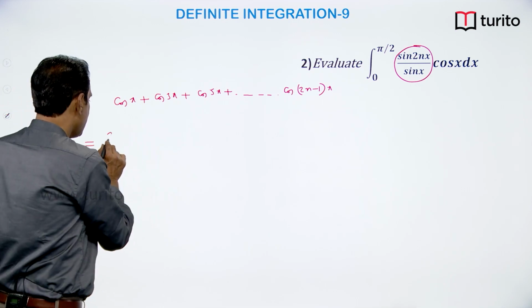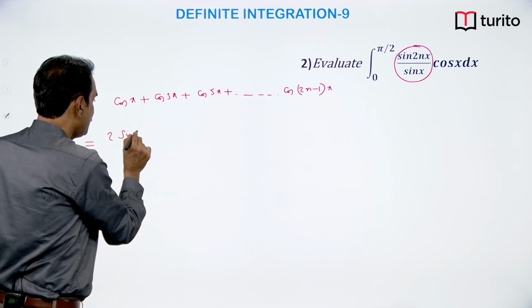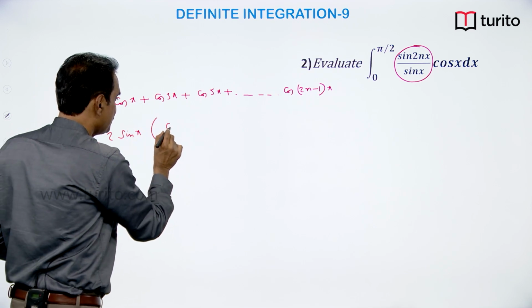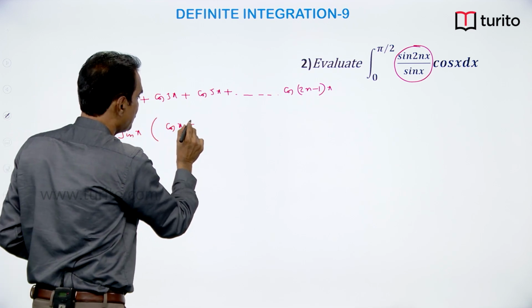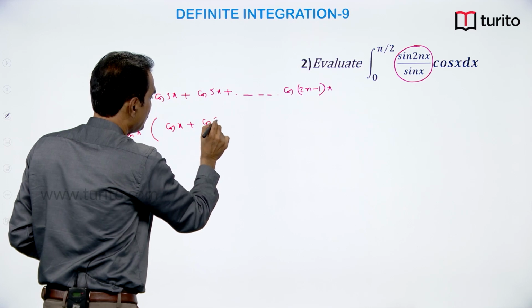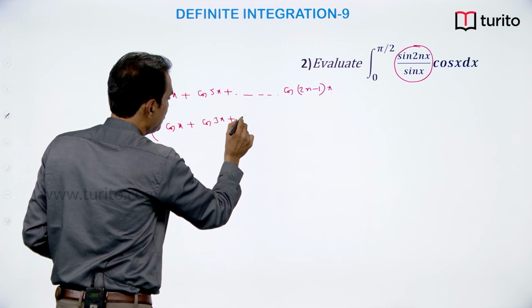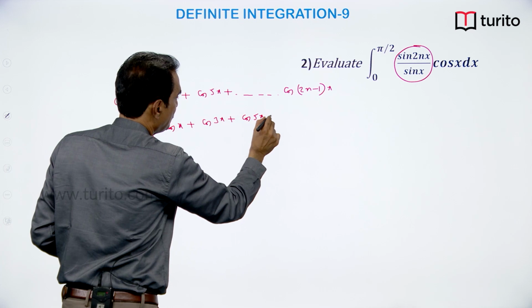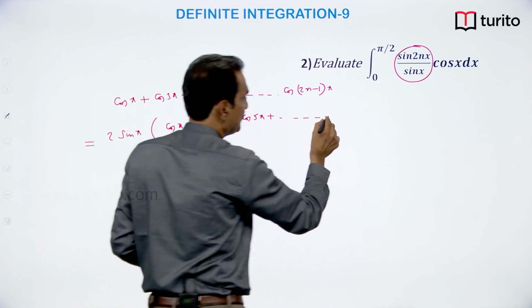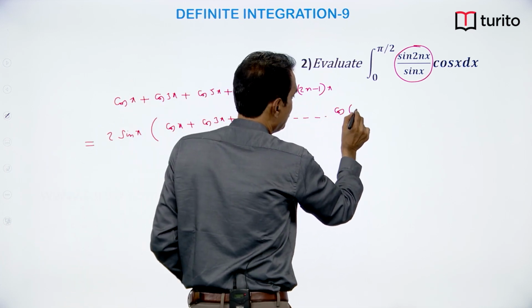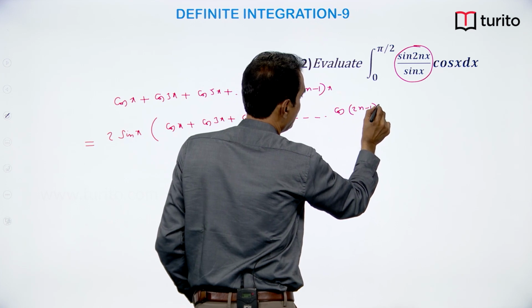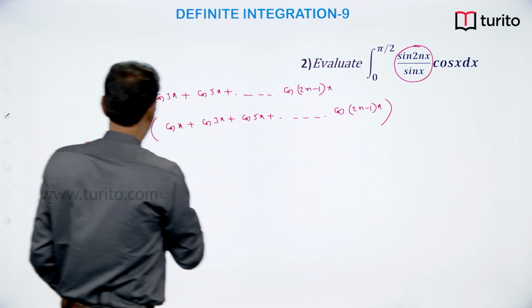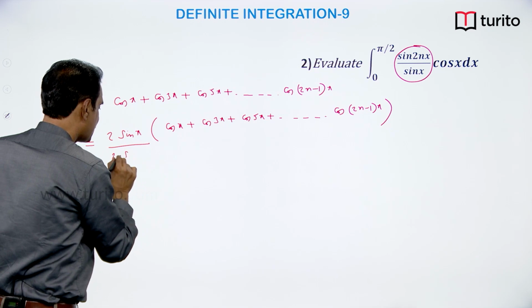So, we have to multiply and divide by 2 sine x. And divide by 2 sine x.